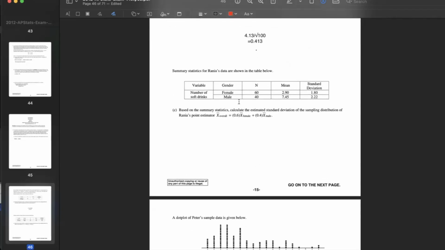Part C. It gives you a table for Rania's data, and then asks you to estimate the standard deviation of the sampling distribution of this point estimator. All right.